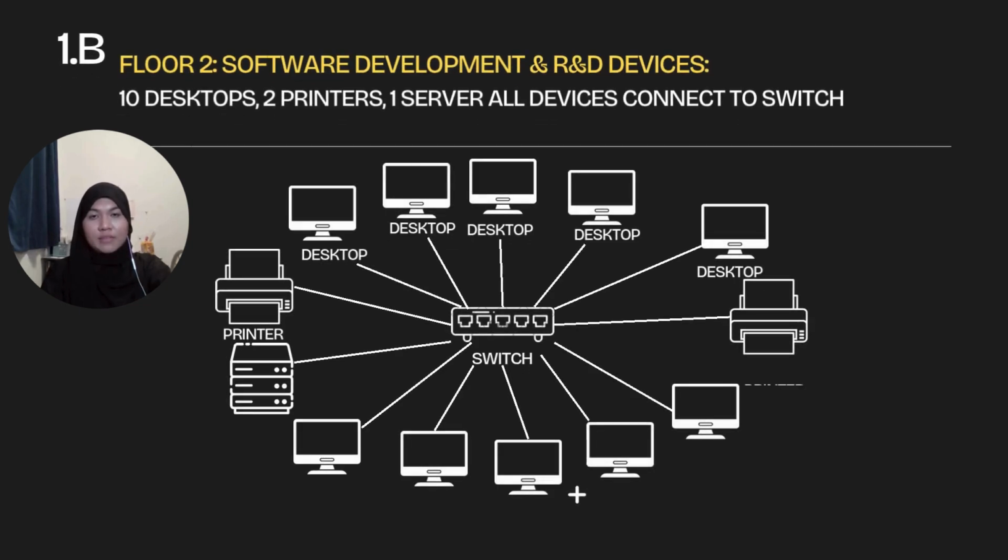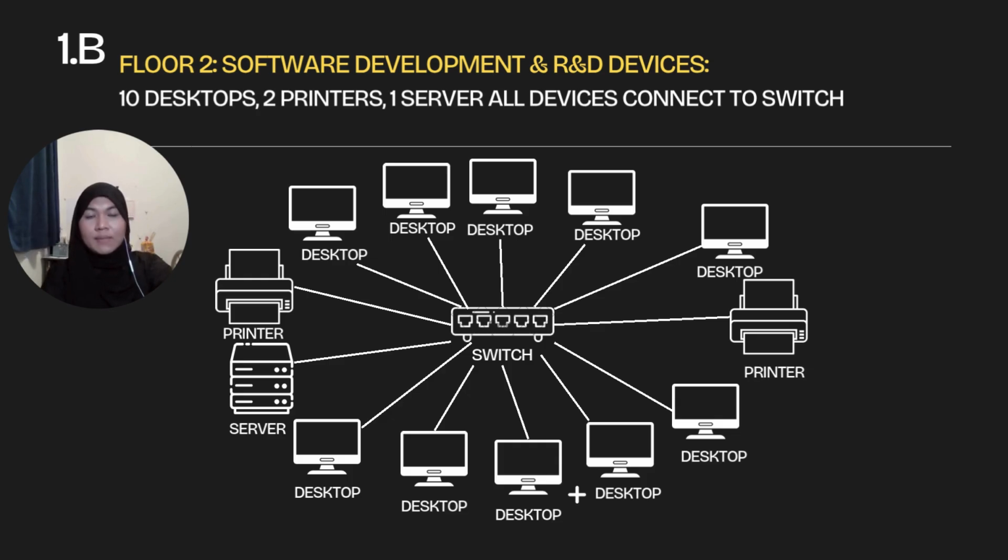So for the second floor, which is software development and R&D device, they have 10 desktops, 2 printers, and 1 server that all connect to the switch. As the diagram that we create, we put the 10 desktop, 2 printer, and 1 server, which is all of that connected to the switch.